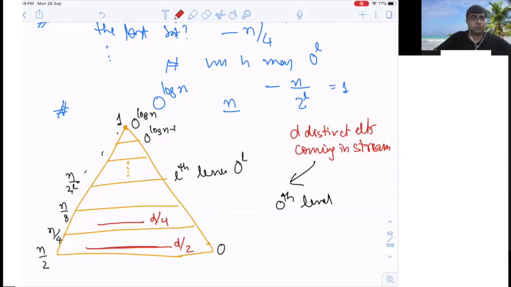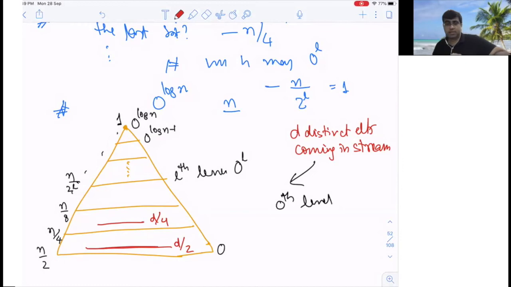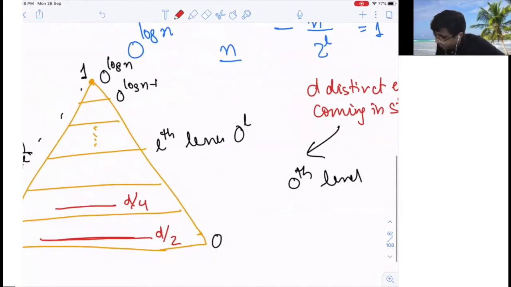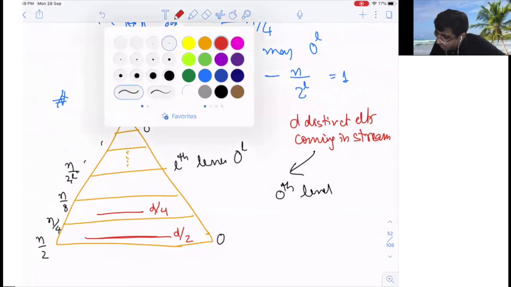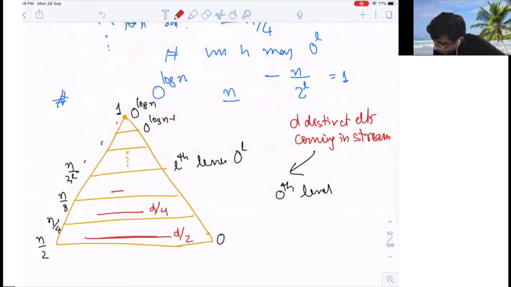Okay. So what does that tell us? It tells us something interesting. At some level, we will stop seeing elements, right? Roughly at which level will we stop seeing these elements?